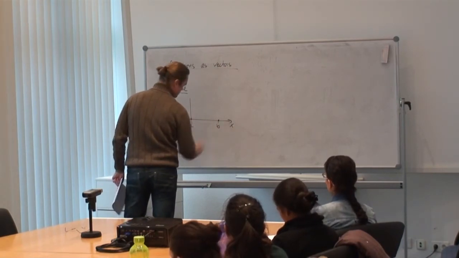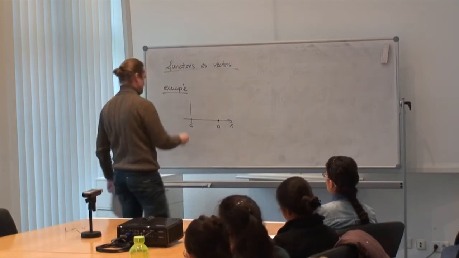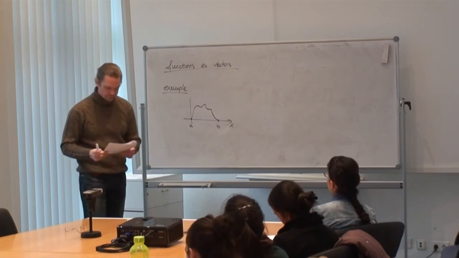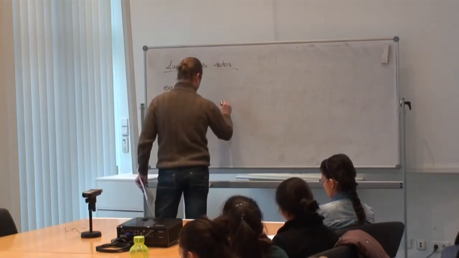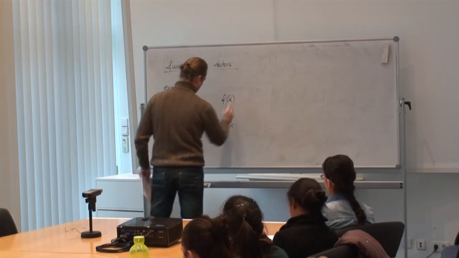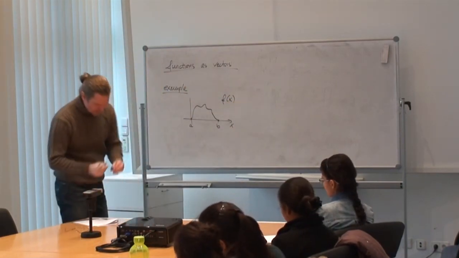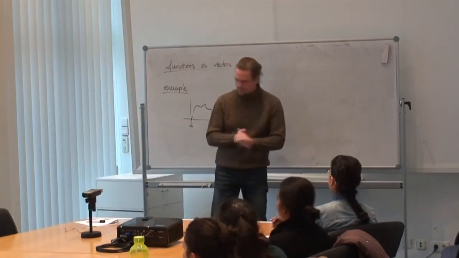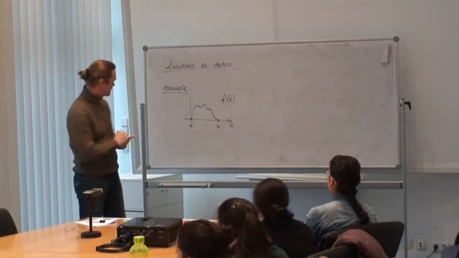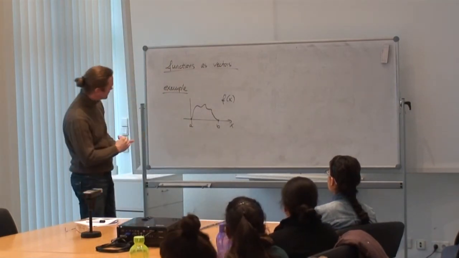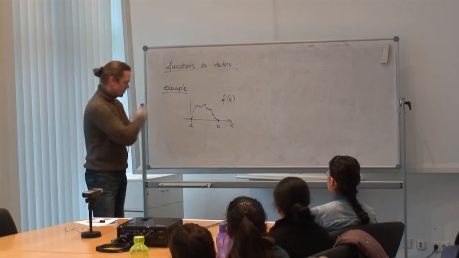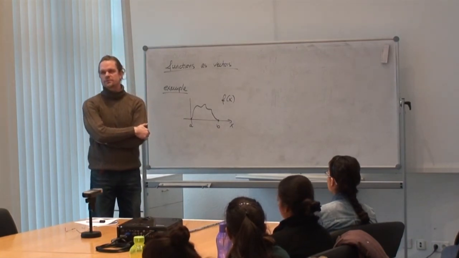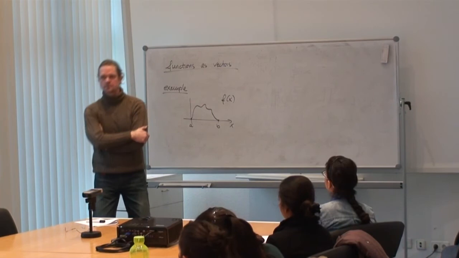For reasons of simplicity, I'll start this function at 0, so some function. And this is supposed to be the function f of x. And now imagine the following problem, which will hardly ever occur in practice, but you see this function, and it is a function that I chose such that this is not sine of x, this is not x squared, this is not something we could express in a simple closed form expression.